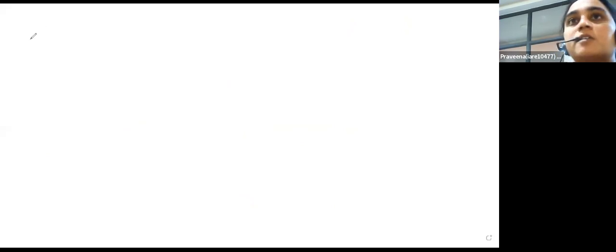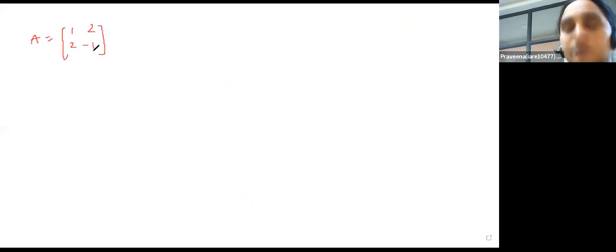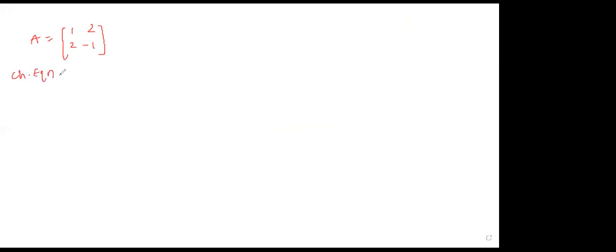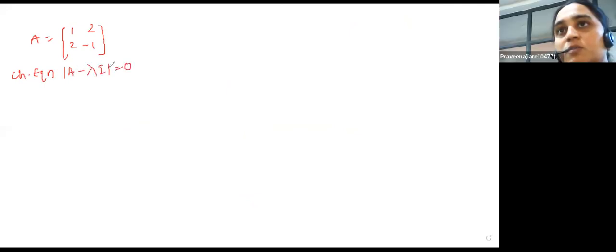What's the question? All of you have copied the sixth question from the question bank: the matrix 1, 2, 2, minus 1. For that, the characteristic equation: A minus lambda I is equal to 0. For that, 1 minus lambda, 2, 2, minus 1 minus lambda is equal to 0.